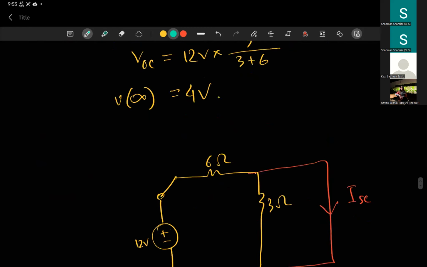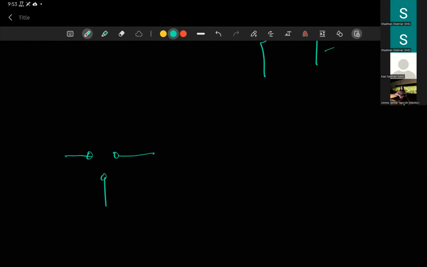The other position might be something like this. So maybe this is just an opening or closing switch. Any questions regarding transient analysis?